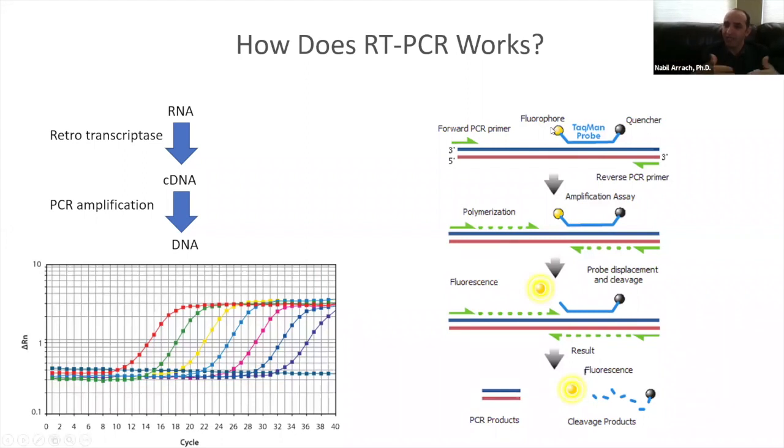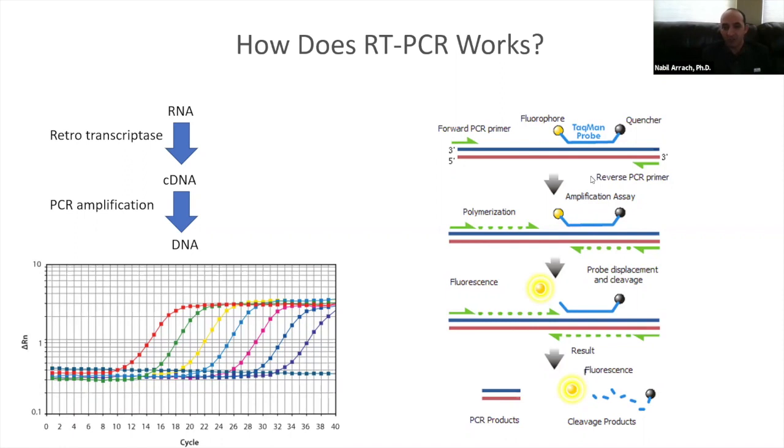That means you have DNA there where the probe is attached, and that's what the fluorescence comes from. If there is no DNA there, the fluorophore of the probe and the quencher will be too close to each other. The quencher will stop that fluorophore from fluorescing, and then you don't have a fluorescence. As you amplify your DNA more and more, there are more probes that are stretched, and therefore more fluorescence over time.